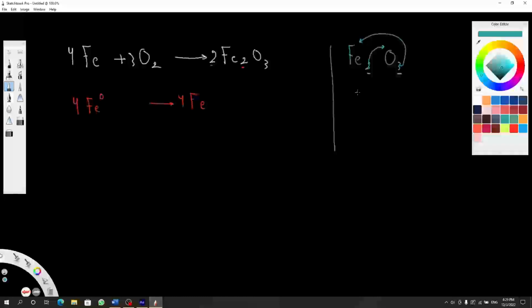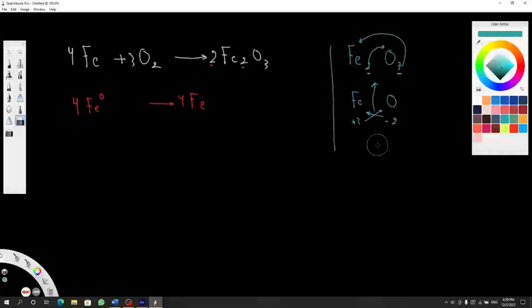We said that if we have iron oxide, we have iron and we have oxygen. Iron has an oxidation state of +3, while oxygen has an oxidation state of -2. Crisscross way, we end up having this compound right here, the Fe2O3, which means that iron has an oxidation state of +3.